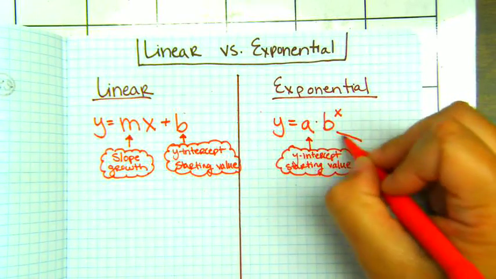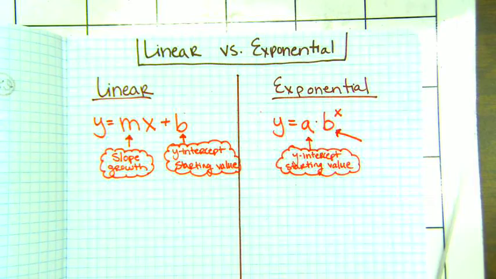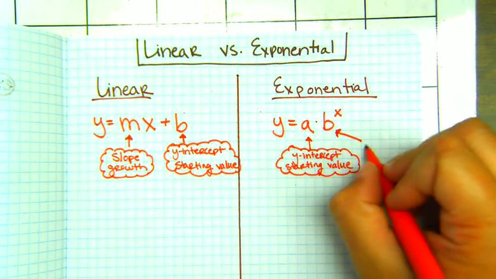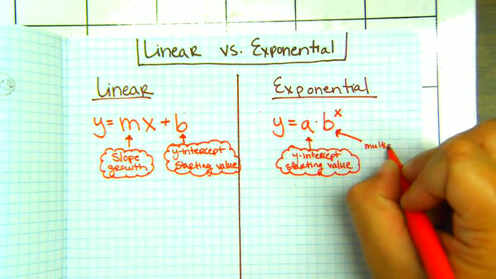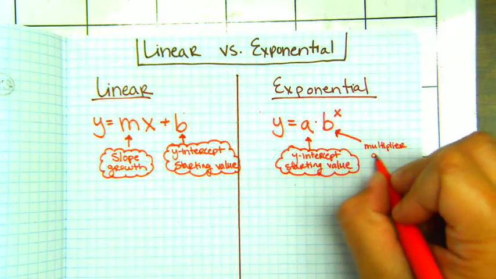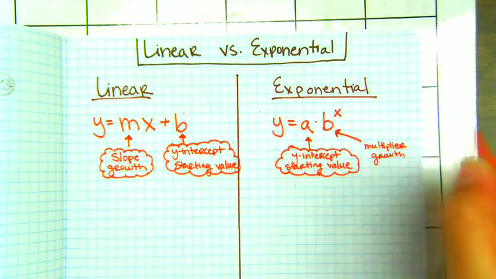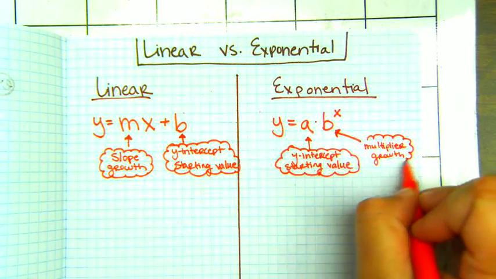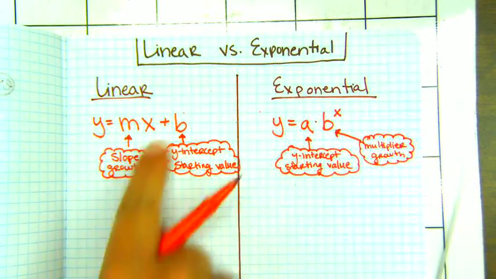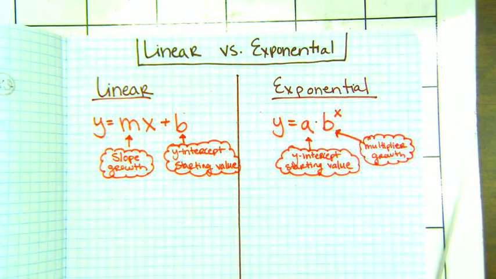And b represents the multiplier, which you can also call the growth. Just this growth is not constant. That's the difference. The linear growth is going to be a constant, growing by the same number. In the exponential function, it's going to be multiplying by the same number, which is still growing or decreasing.